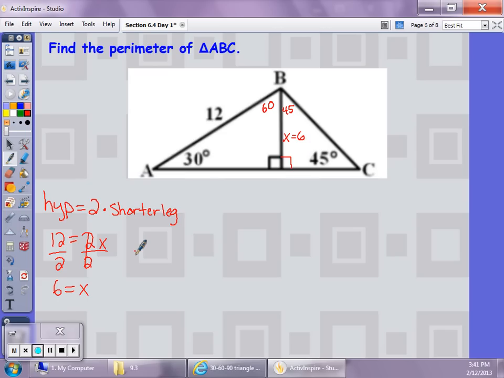Now we can use this information to find the longer leg, which we're going to refer to as y. So remember in a 30, 60, 90, the relationship between the longer leg and the shorter leg says that the longer leg is going to be equal to root 3 times the shorter leg.